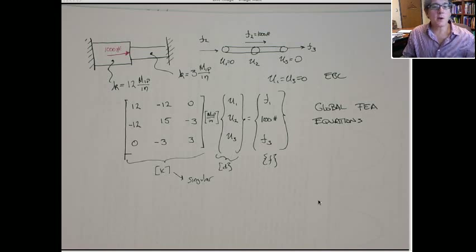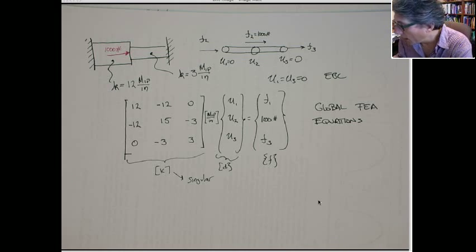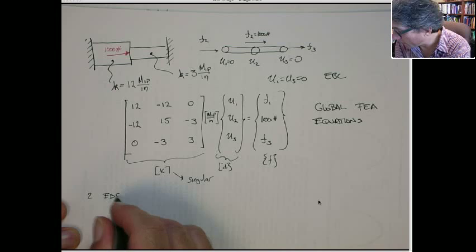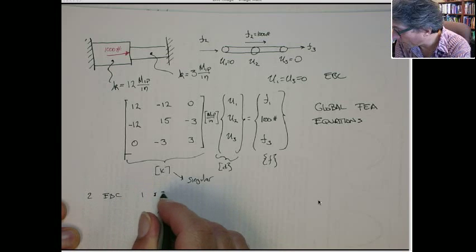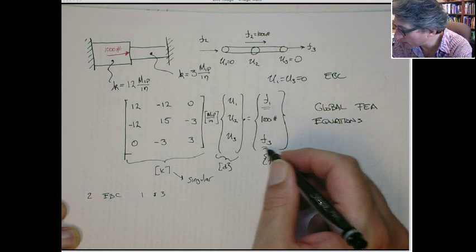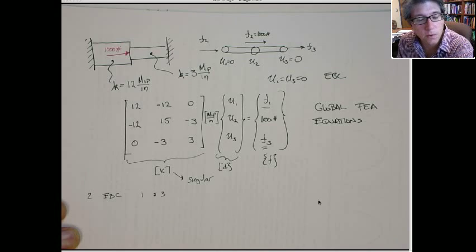All right. So how do we go about doing this without having to juggle equations? Well, in this case, we have two essential boundary conditions, one at node 1 and also at node 3. So at each essential boundary condition, we have this unknown reaction force.